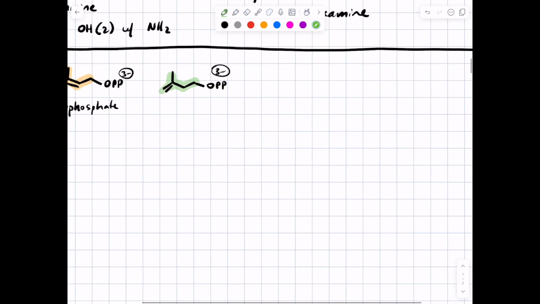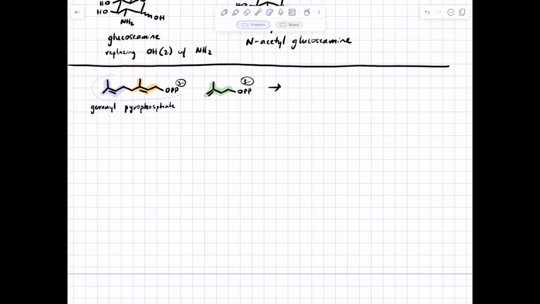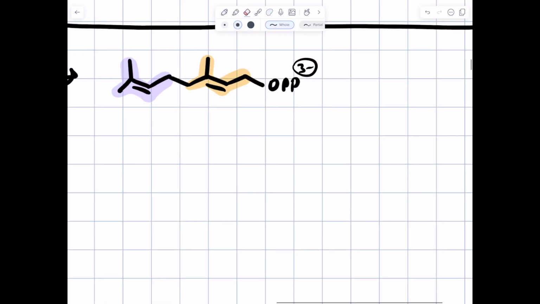And the product of this reaction is going to connect the green isoprene unit with the orange isoprene unit in one of these classic head to tail linkages.